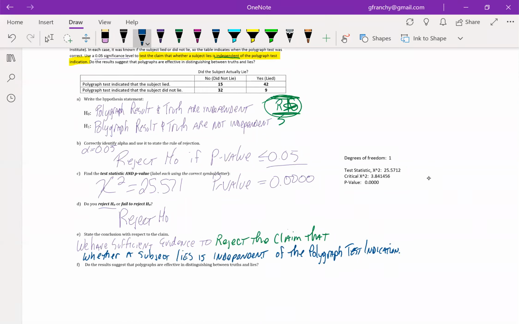So again, we're putting this together in 3 pieces. Always a good idea to go back and read it all the way through. We have sufficient evidence to reject the claim that whether a subject lies is independent of the polygraph test indication. So we're concluding that these are not independent.